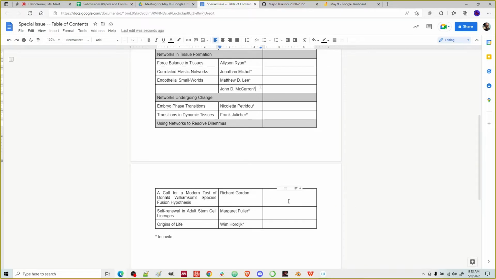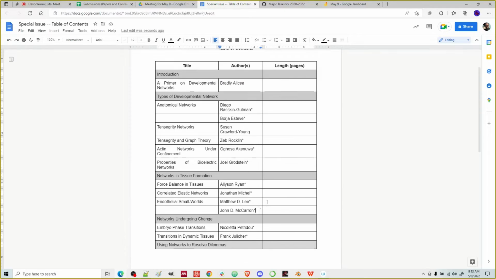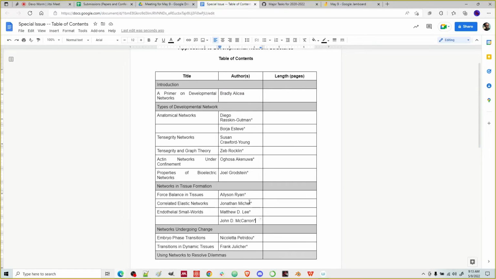There are a couple other topics that are potentially in here. And then maybe there's another category like a machine learning section or something. I'm not really sure how that might fit into one of these categories, or it might be its own category.